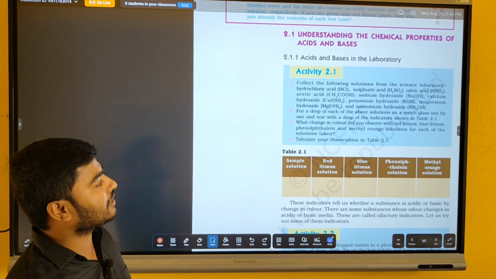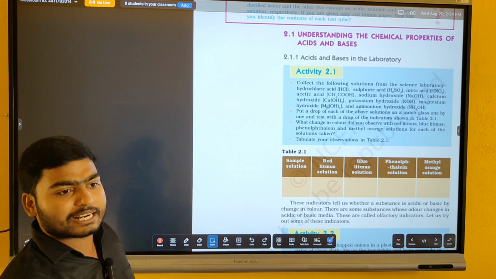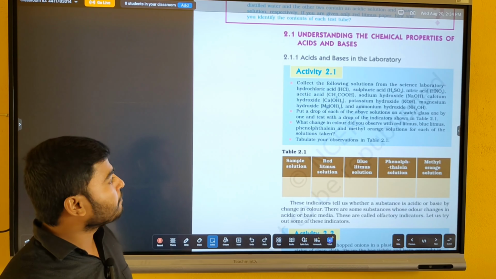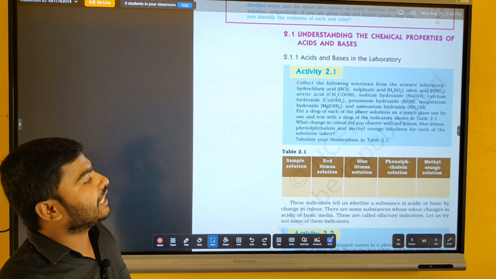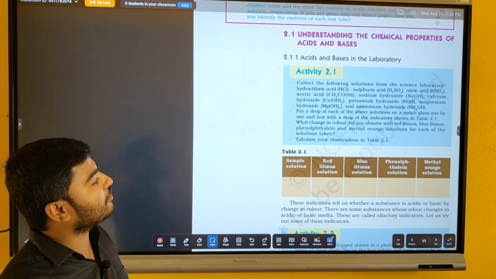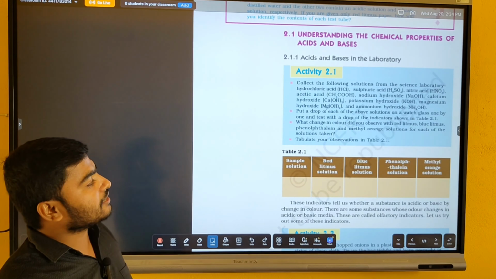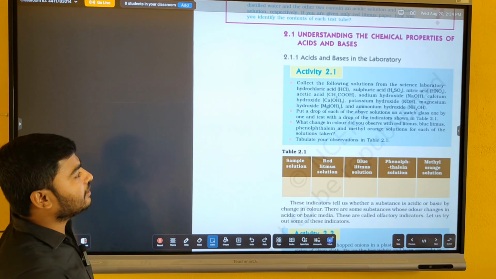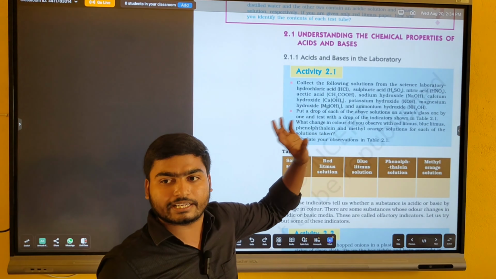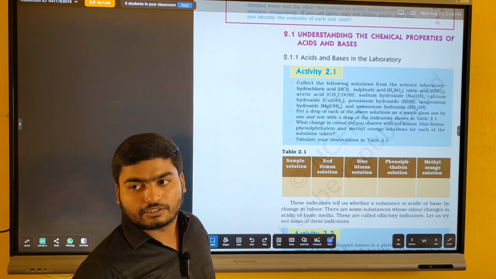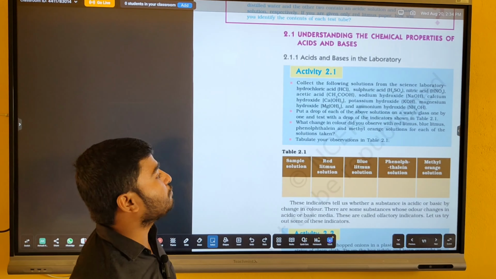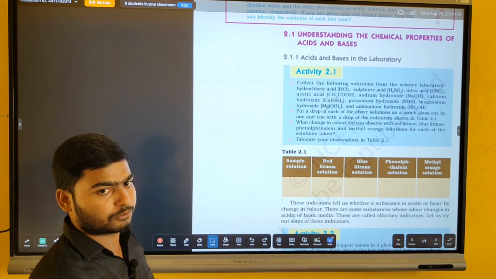Acetic acid, CH3COOH. These three are acids. Next, sodium hydroxide, NaOH, calcium hydroxide, Ca(OH)2, potassium hydroxide, KOH, and magnesium hydroxide, Mg(OH)2. These are the substances you have to first collect from your science lab.